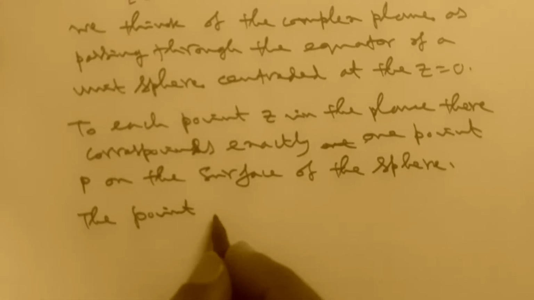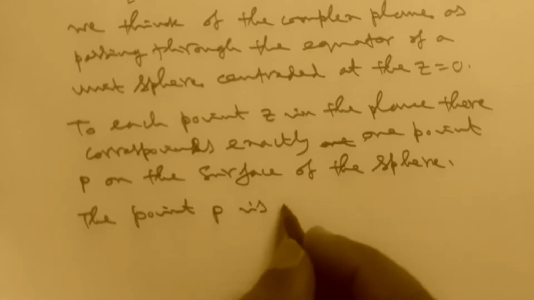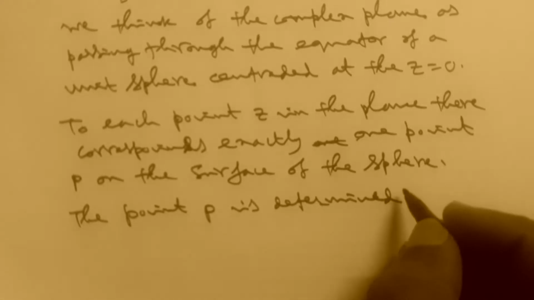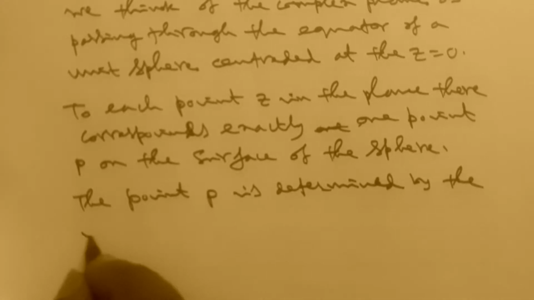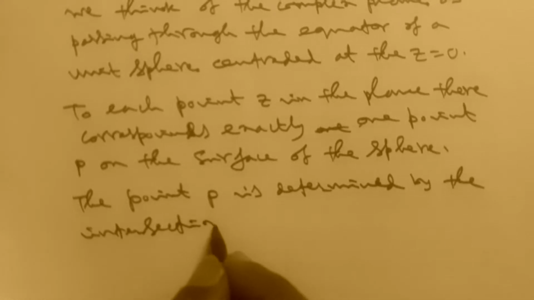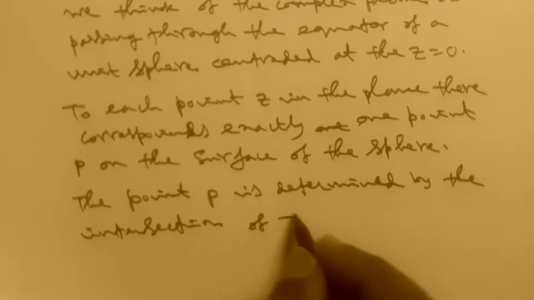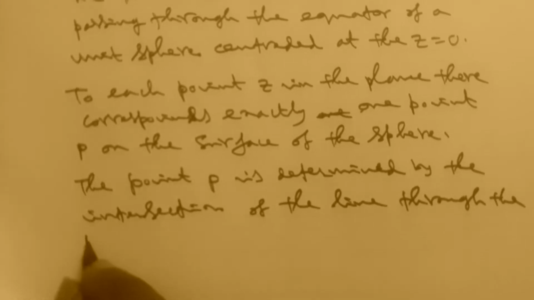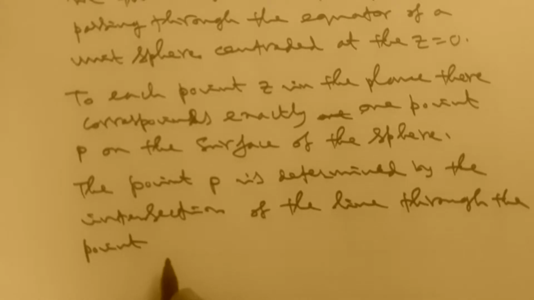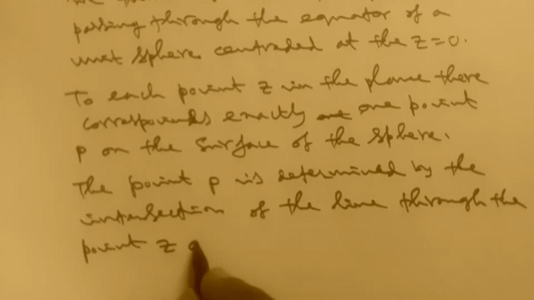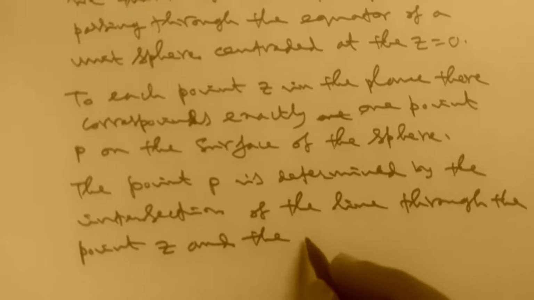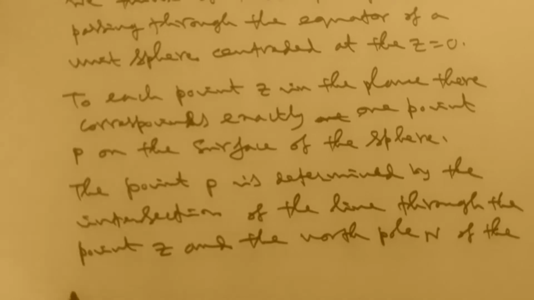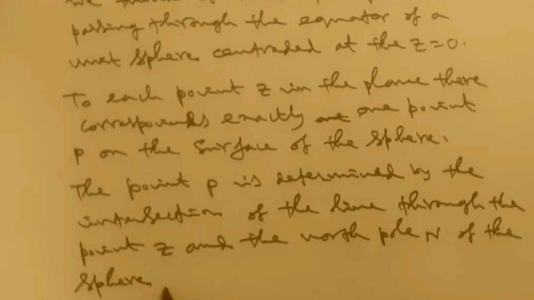The point P is determined by the intersection of the line through the point Z and the North Pole N of the sphere with the surface.